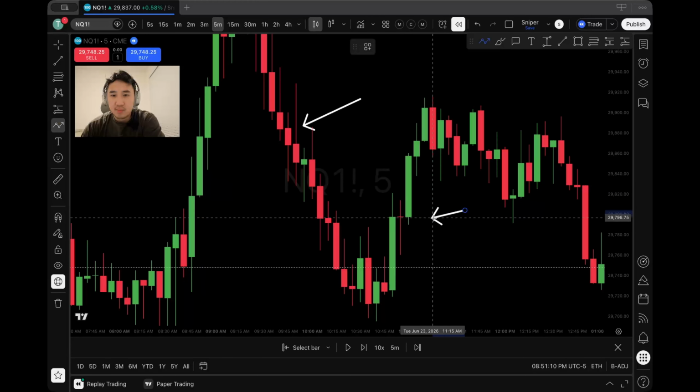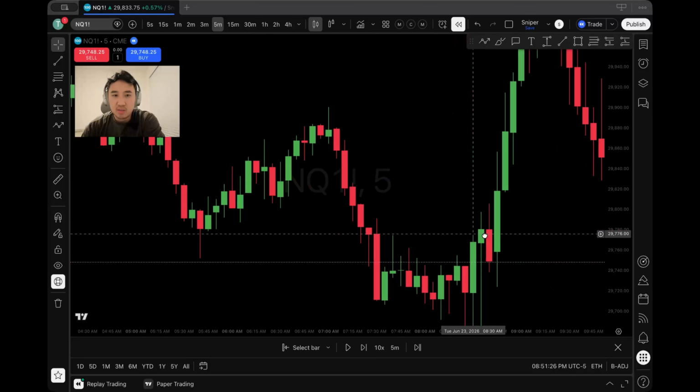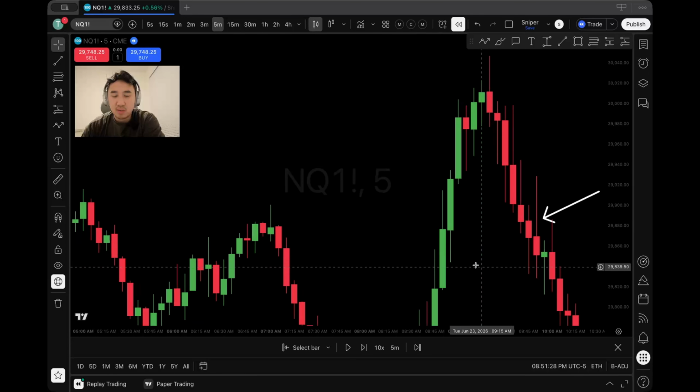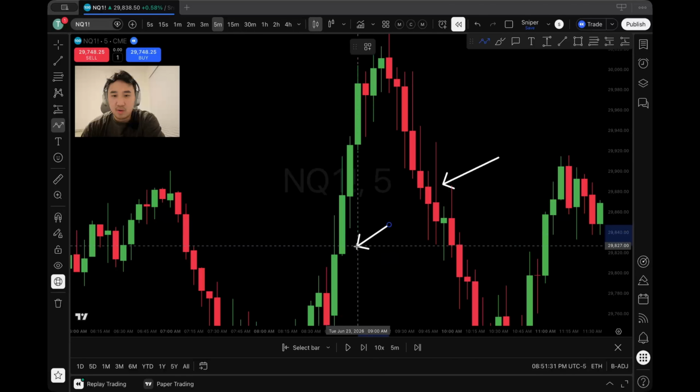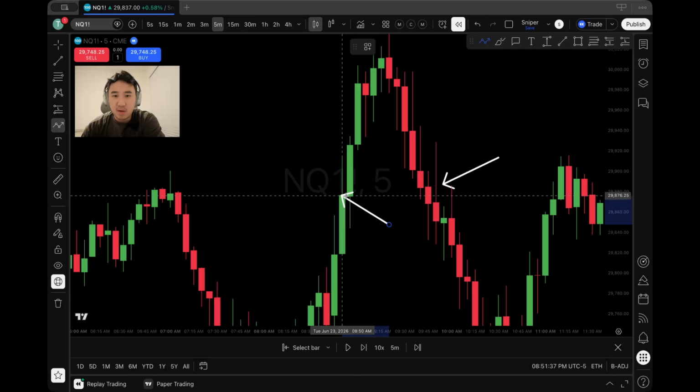If you have something like this, it shows you that price pretty much opened and closed at the same level, but within that 5-minute time span, it moved this much. And some candles have larger movements, like this one over here, where it opened here, but pushed down and pushed all the way back up here, and then back down here.